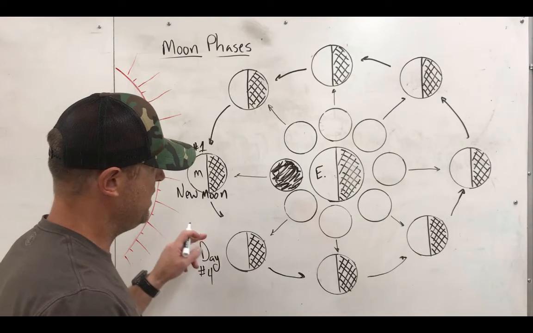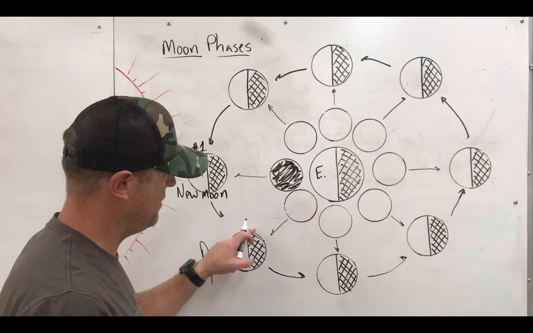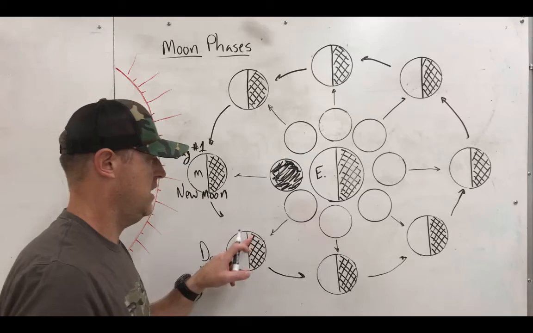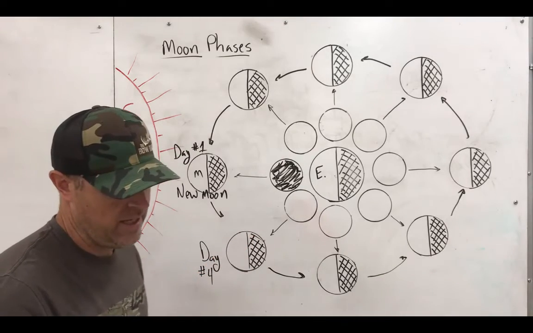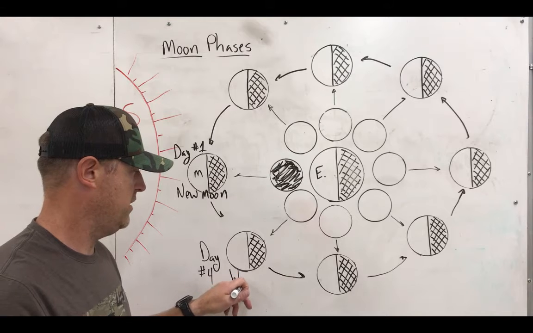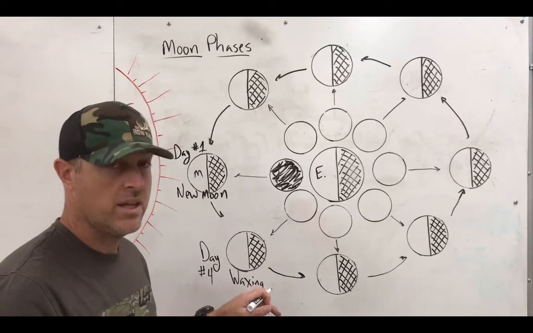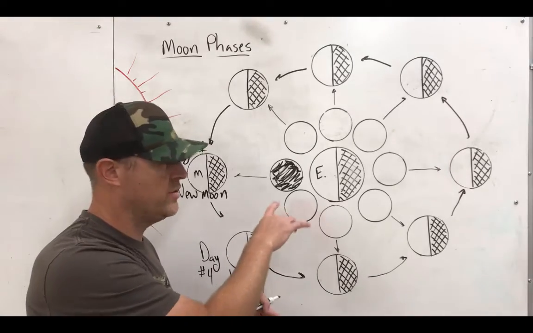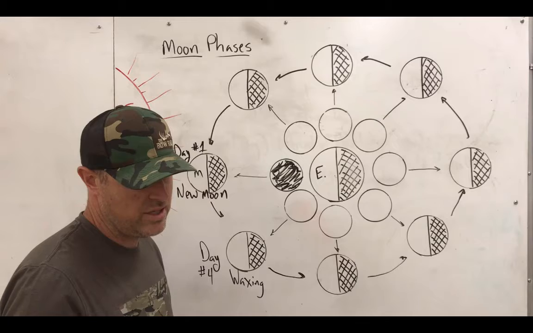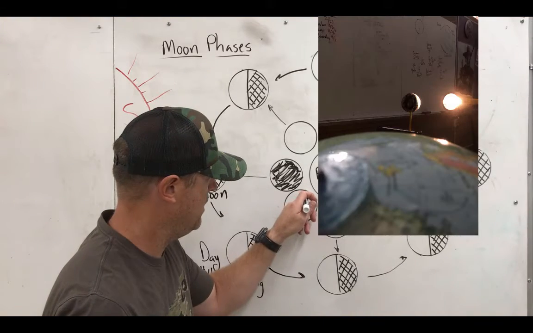If you can see, we should be able to pick up a little bit of light on this side if we're looking at the moon. This moon phase is called waxing. We would see just a sliver. I'm going to put pictures in here so that you guys can see this as I talk about it. We would see just a sliver of light on the right-hand side.